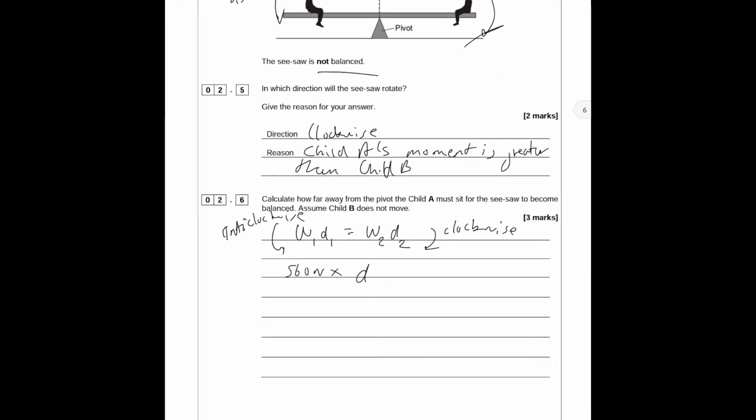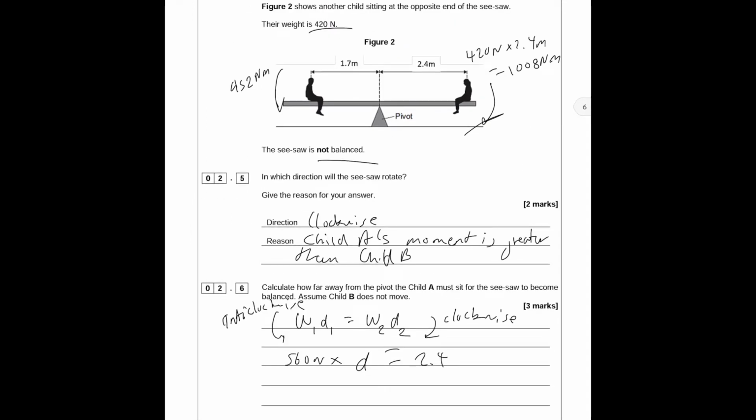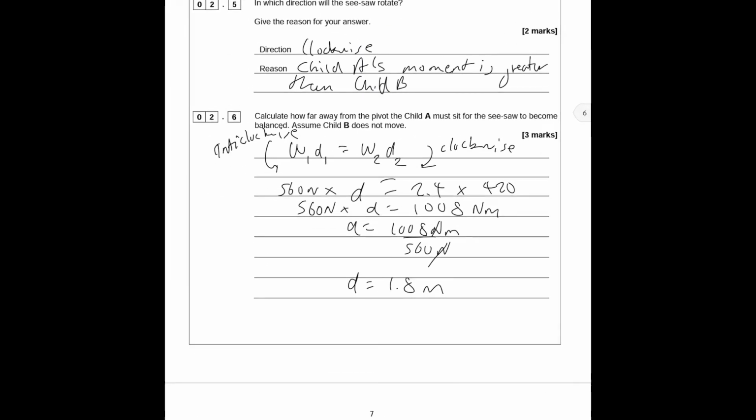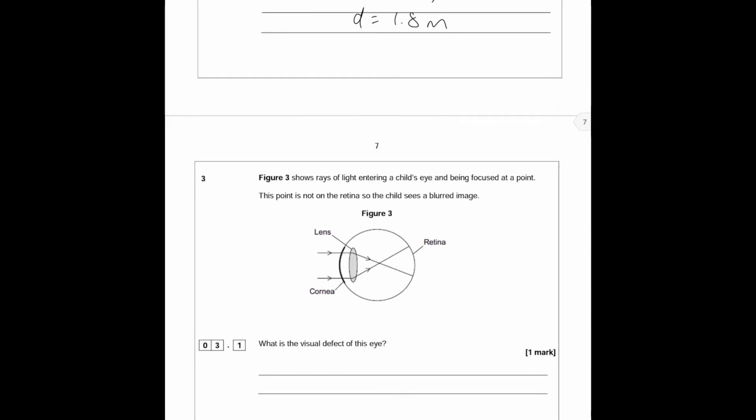That is equal to the clockwise moment, 2.4 times 420, which is 1008 newton meters, something we calculated above. So distance is equal to 1008 newton meters divided by 560 newtons, and that gives us the distance of 1.8 meters. This is your answer, so it's going to be 1.8 meters.